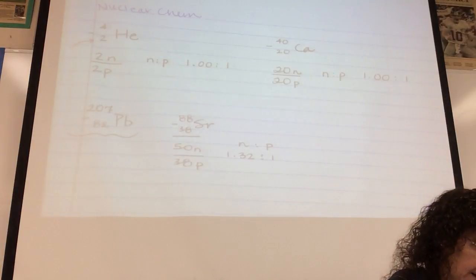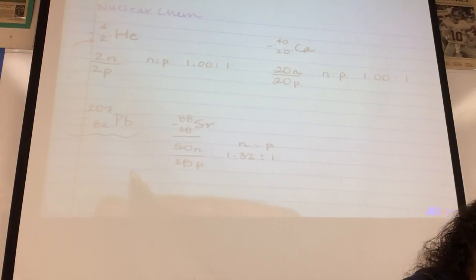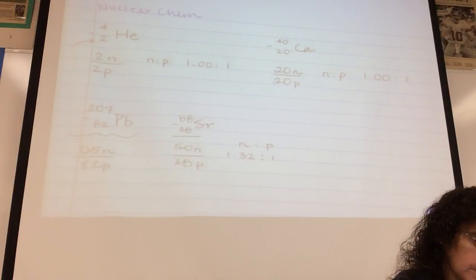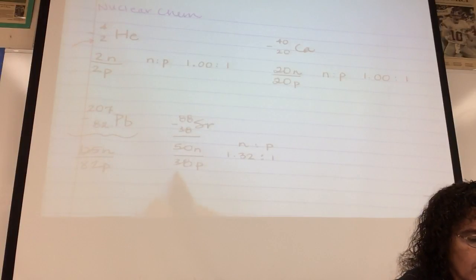If we subtract these two, we have 125 neutrons over 82 protons. Is it always in a ratio to 1? Yeah, because you're basically dividing this by 38, dividing this by 38, so that it's always to 1.